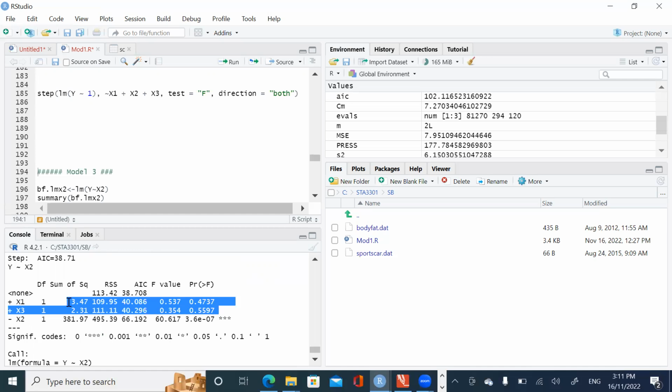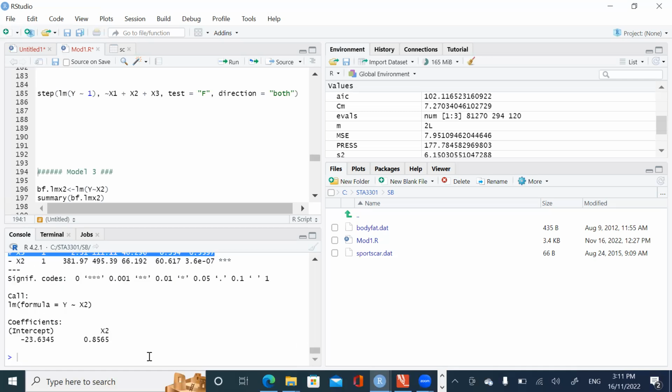When x2 is included, none of the other variables are significant. Not only that, when x2 is included, it also tests the significance of x2, so if x2 is included here, it is still significant. So x2 will be kept in the model, but since none of the other variables are statistically significant, the model will stop with only x2.